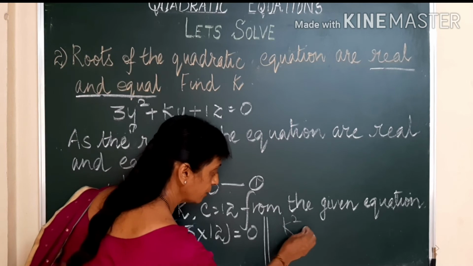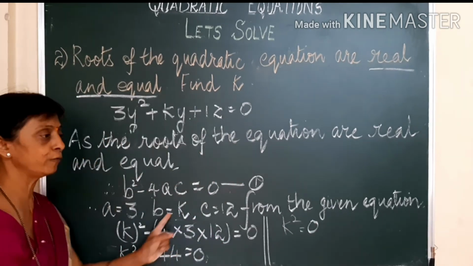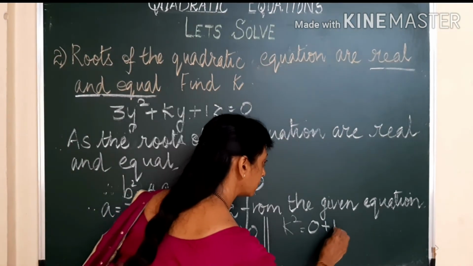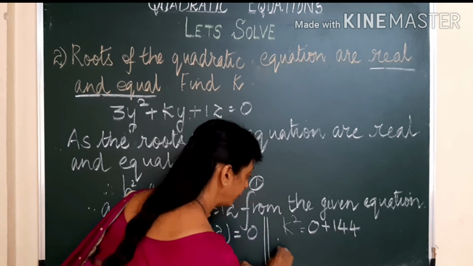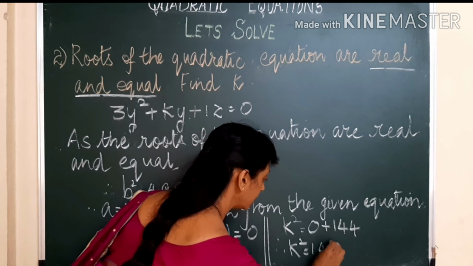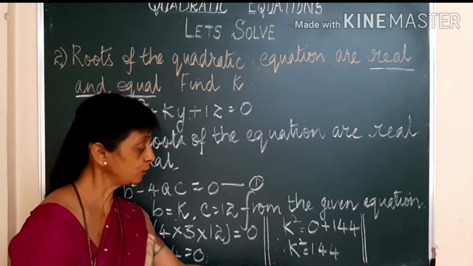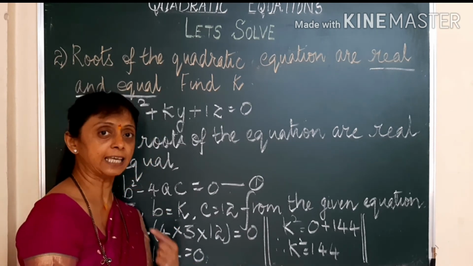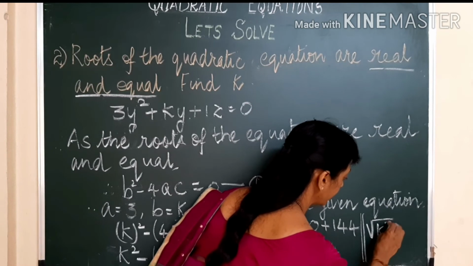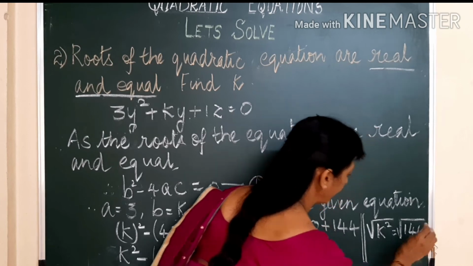So therefore k square will be equal to 0, minus 144 goes on the other side, it becomes plus 144. So therefore k square is equal to 144. Let's proceed. What do we do? Finally, to get the value of k, taking the square root on both the sides. So root of k square will be equal to root of 144.